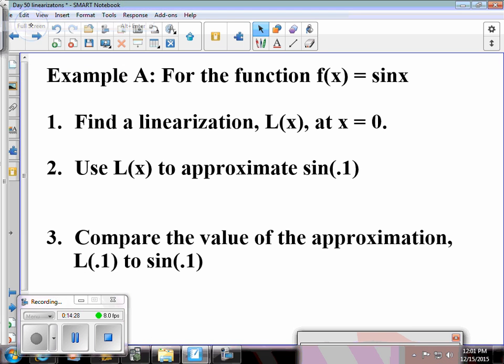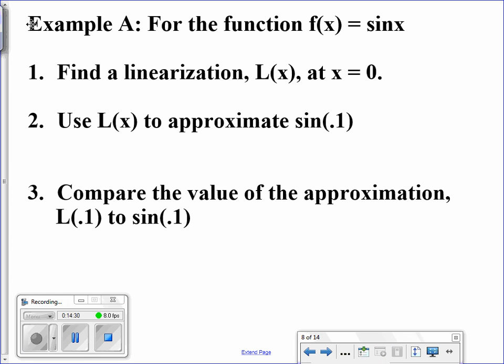Before we start this one, did you guys know what y equals sine x looks like? When x is 0, what is sine of 0? Yeah, it's 0. So this is what we're talking about. y equals sine x.